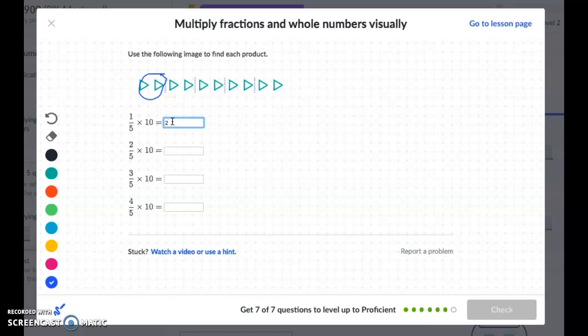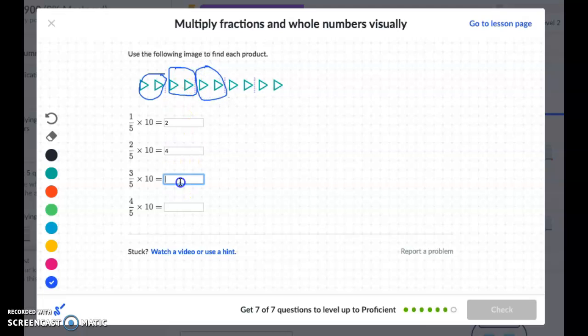The big thing that they're trying to get you to notice here is that 1/5 of 10 is the same as 1/5 times 10. So in math, often of does mean multiplication. So 2/5 is going to be our 1/5 and another 5th. So that would be 4 triangles.